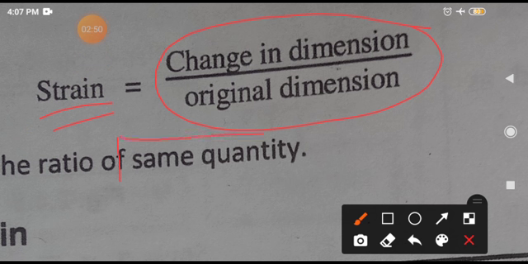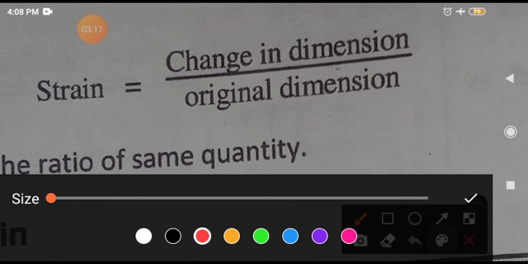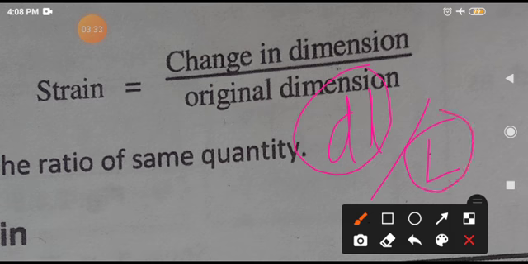That means if there is a rod, and we have applied a force F to this rod, its initial length was L, and because of this force F, if a deformation dl occurs in this particular rod, then the strain in this rod can be written as dl upon capital L. This dl is the change in dimension, and this capital L is the original dimension.